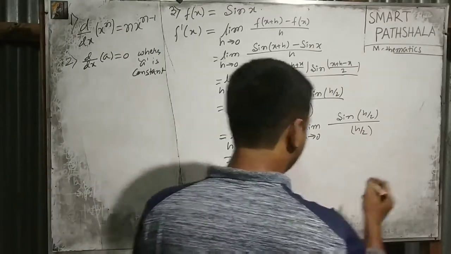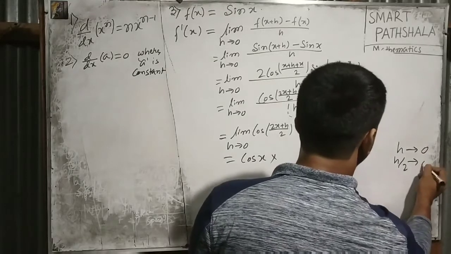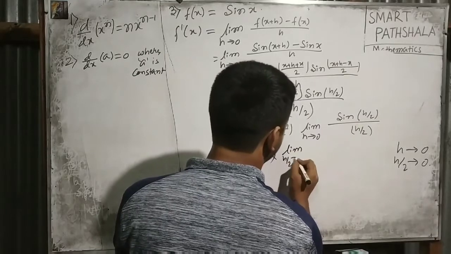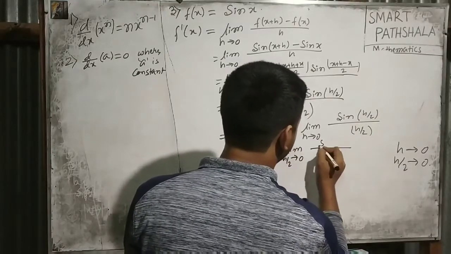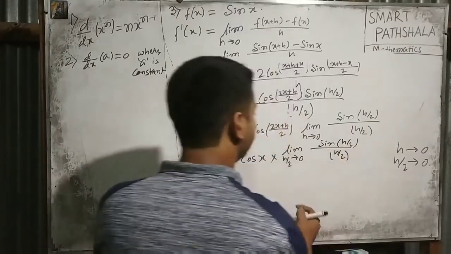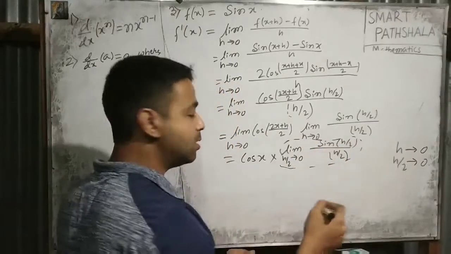into. Now, if h is tending towards 0, then h by 2 is also tending towards 0, which means limit h by 2 is also tending towards 0, and sine of h by 2 by h by 2. Now this has a direct limiting formula, and the value is 1.